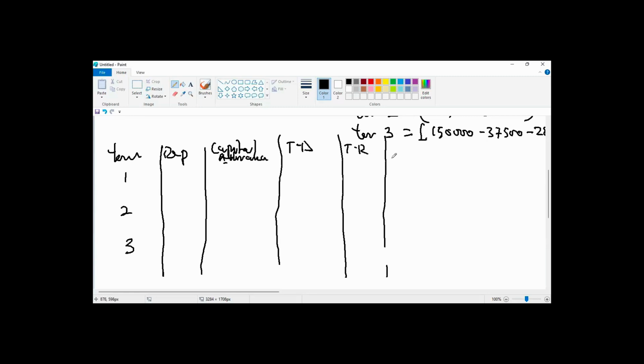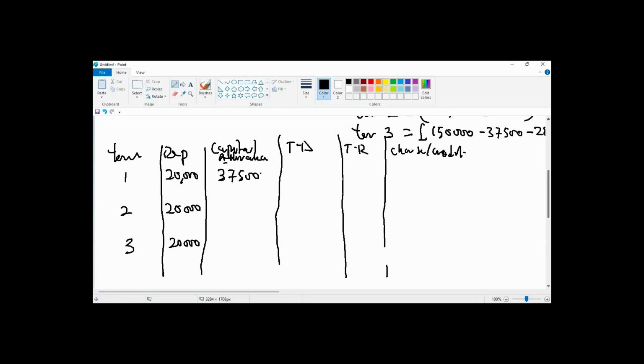I will now interpret. Is it a charge or credit? Year 1, depreciation 20,000, capital allowance 37,500.